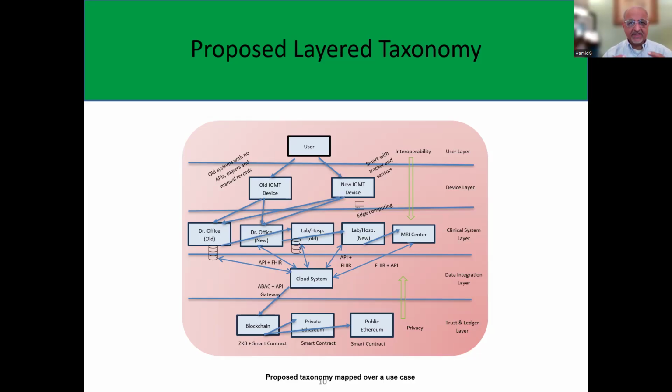And then, of course, where is that data kept? Is it a cloud system? Is it a local system? If it's in the cloud, then we have a trust and ledger layer where the actual data security and the data mesh are implemented. It can be a blockchain, or it could be a private Ethereum or public Ethereum. Those are some implementations of the ecosystem.